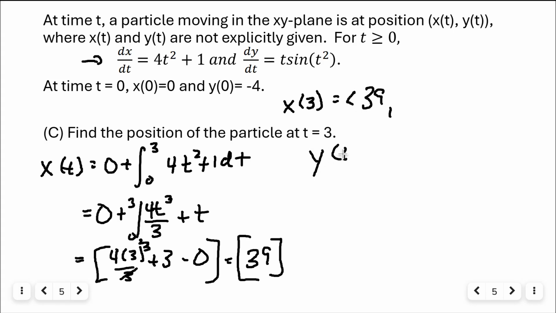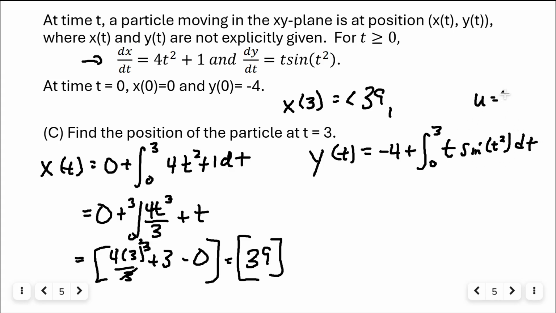Okay, now let's do it in the y direction. In the y direction, I'm starting from -4 plus the integral from 0 to 3 of t sine t squared dt. So over here in this integral, I need substitution. I could let u be, oh, spoiler alert, let u be t squared.